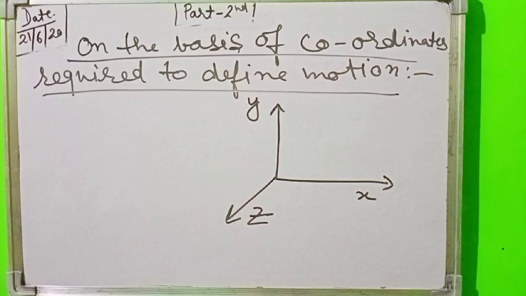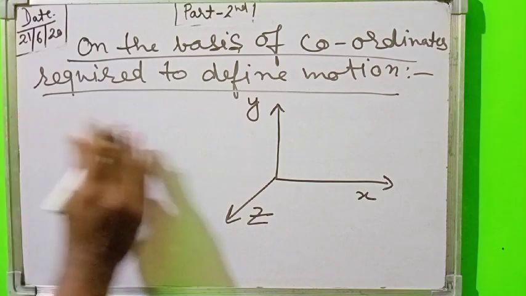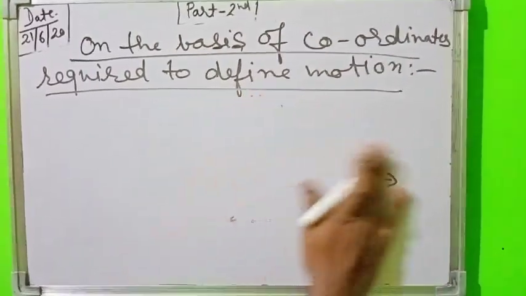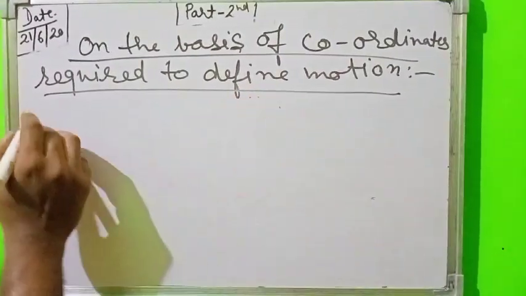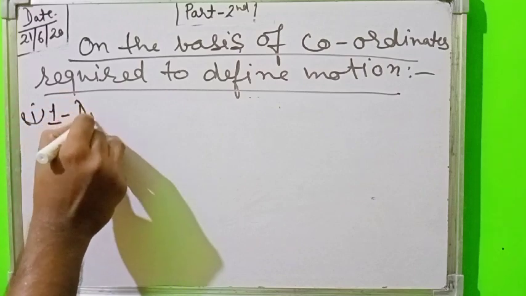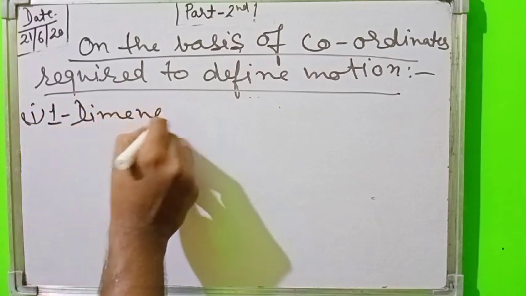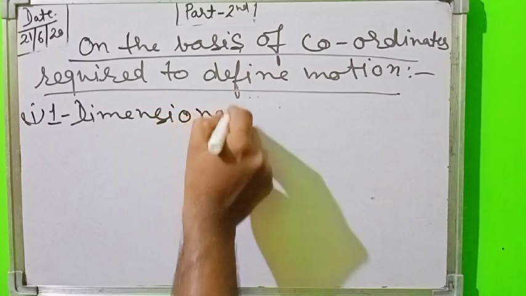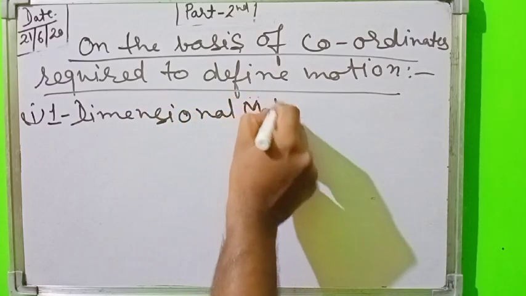On the basis of the coordinate system, we can classify the motion as one-dimensional motion, two-dimensional motion, and three-dimensional motion. First is one-dimensional motion.